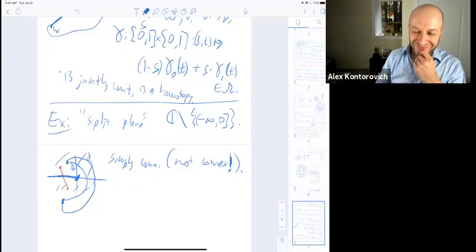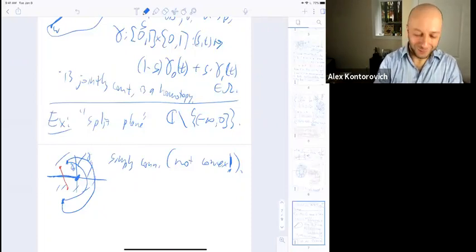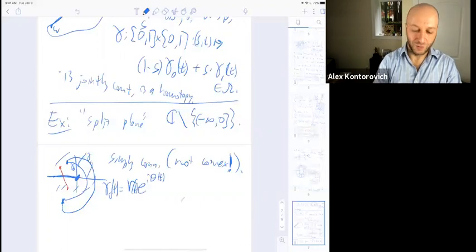There's probably some bijection with the half plane. Yes, there is with the half plane, but there's an easier thing to do, which is to biject with a strip. So in r e to the i theta, we can write gamma 0 of t as r0 of t e to the i theta 0 of t, where theta will always be between minus pi and pi.